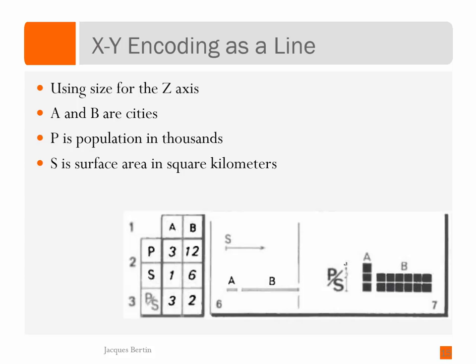So same cities, A and B, same measures of population, surface area, and density. But notice that here we're encoding size for the z-axis in a different way. Okay, so let's take a look at this here.